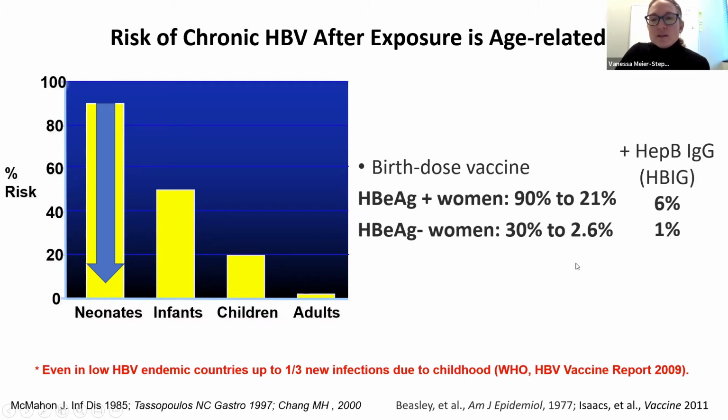In addition, if we also add in hepatitis B immunoglobulin, which is another standard of care for babies born to hepatitis B positive moms, you can further reduce this to 6 and 1% respectively. So we have a vaccine that is so effective that when given at birth, you can reduce the risk of transmission to that child from 90% down to 6%. These numbers are phenomenal, and also bode for why we should be having universal birth dose vaccination.